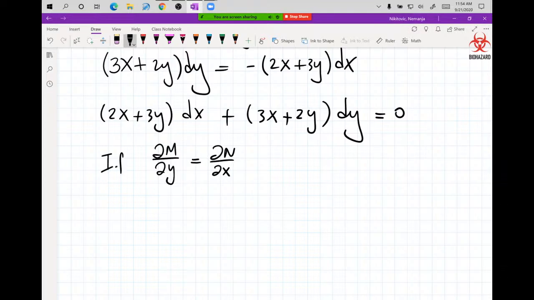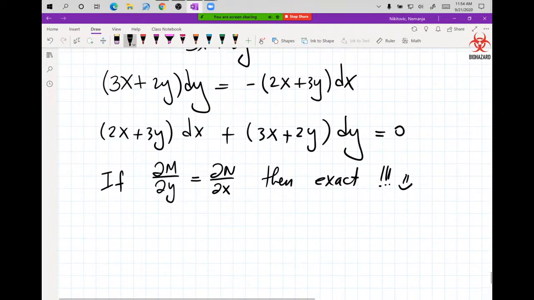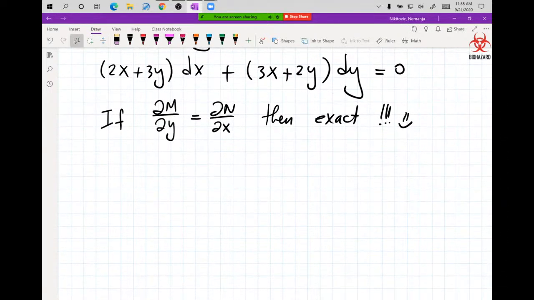So if this, then exact, okay? Any equation can be transformed just using basic algebra. And then once you transform it, you can check. That's it.